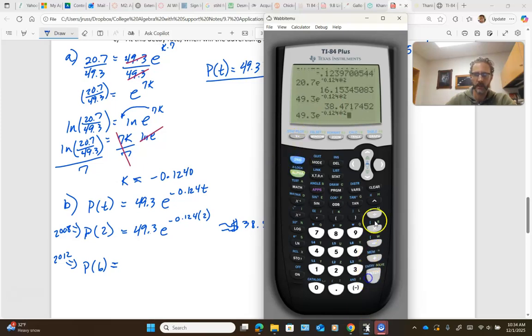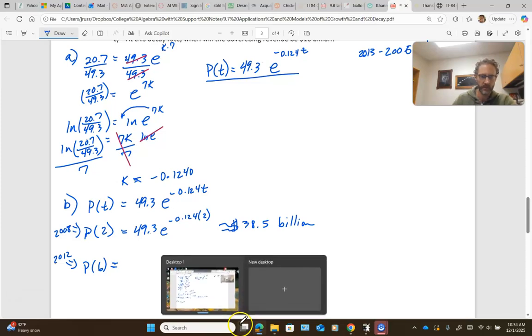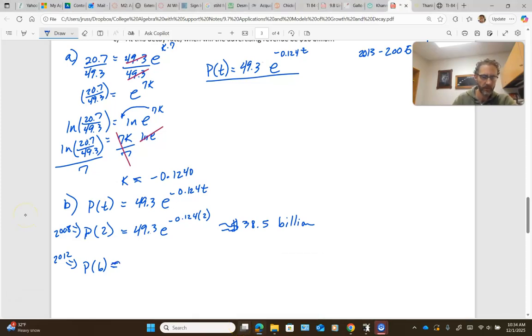Second entry. And I'll replace that 2 with a 6. And hit enter. Now it's going to be roughly 23.4 billion. Approximately equal to 23.4 billion dollars.